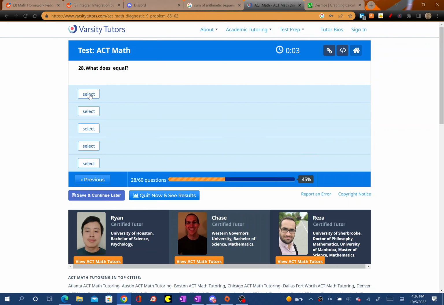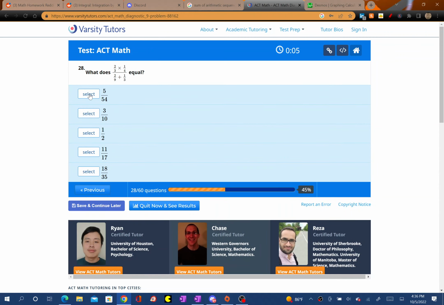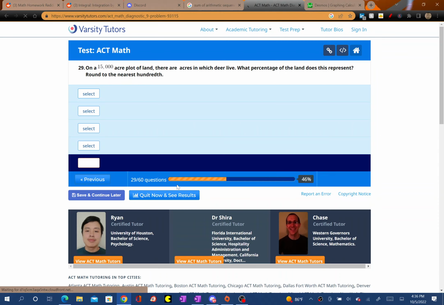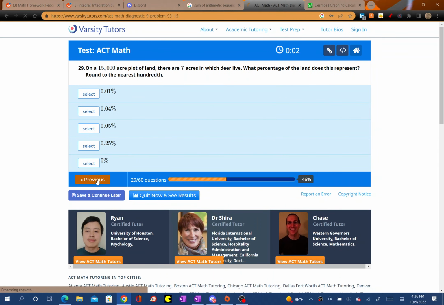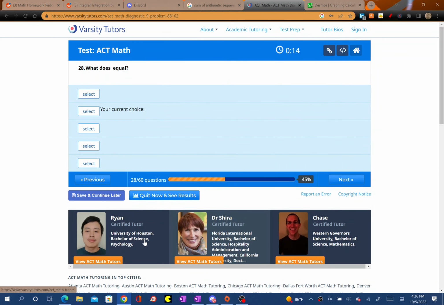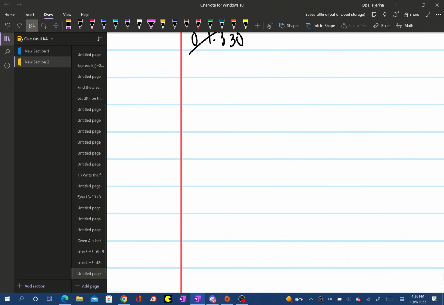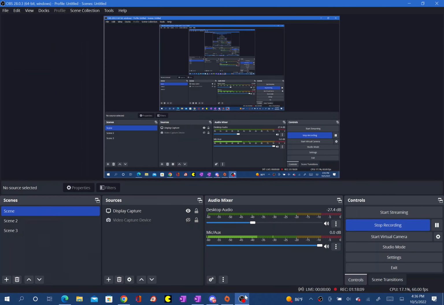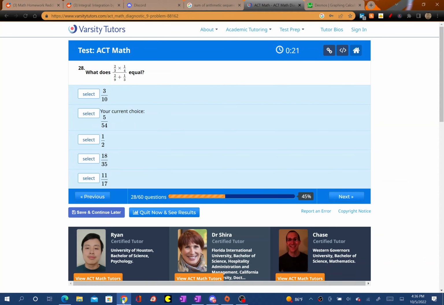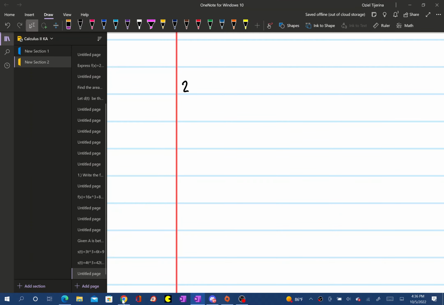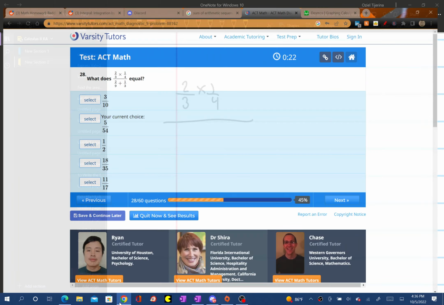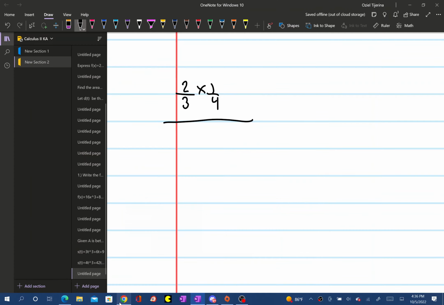So it says, what does 2 over 3 times 1 over 4 over 2 over 9 plus 1 over 3 equal? Okay. So this one, we have 2 over 3 times 1 over 4 over 2 over 9 plus 1 over 3.